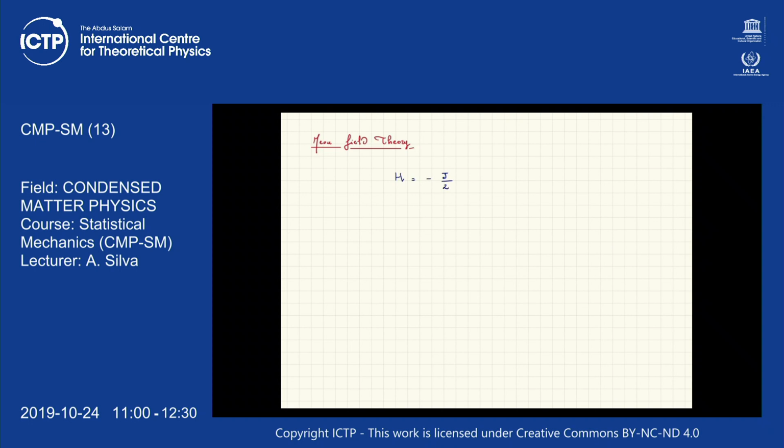So let us consider, for example, the following model, which is an Ising model in a magnetic field, where here I have interaction between nearest neighbors in some lattice.